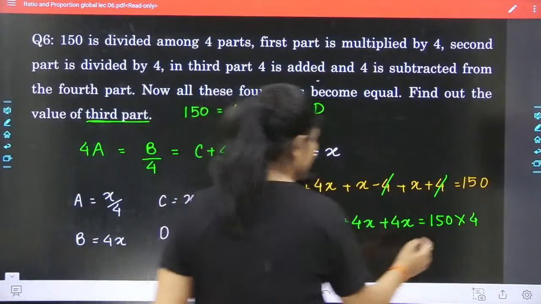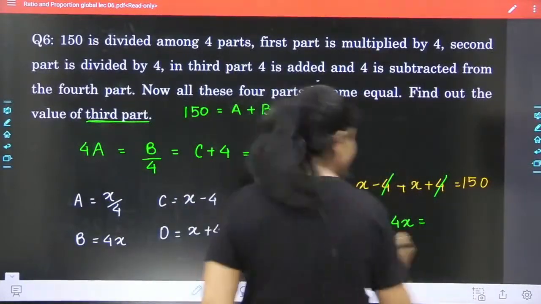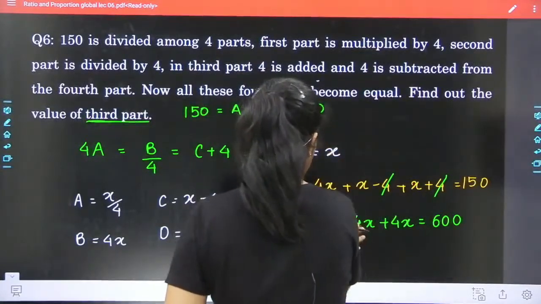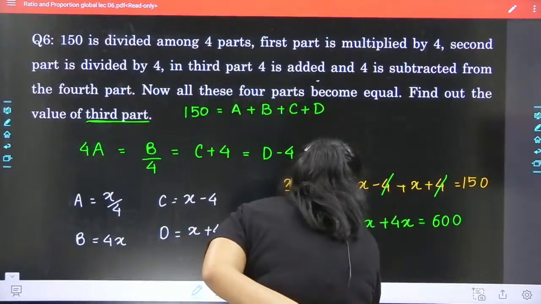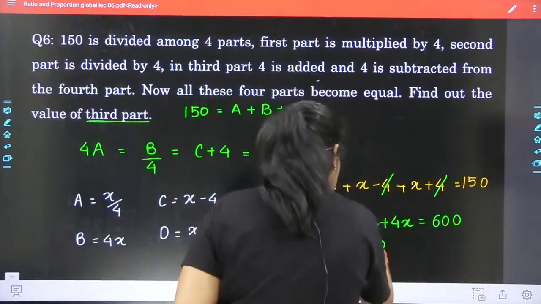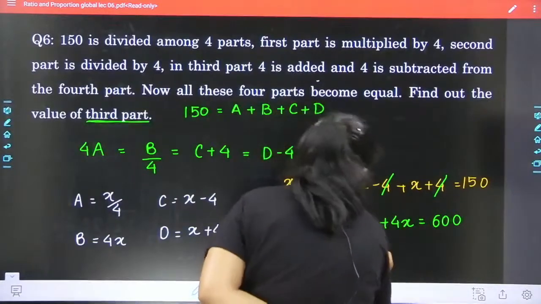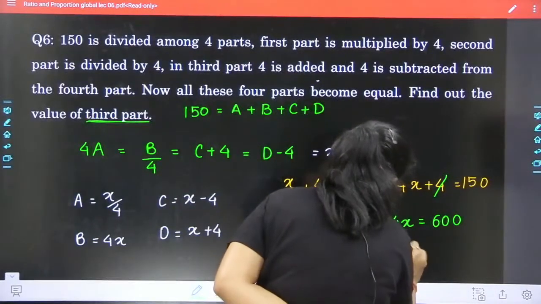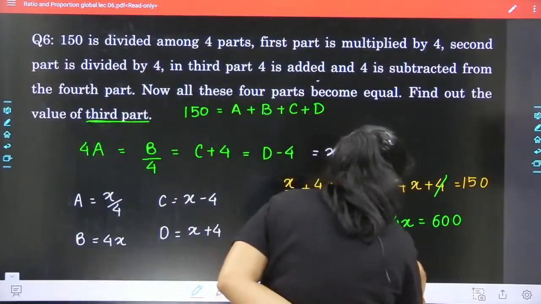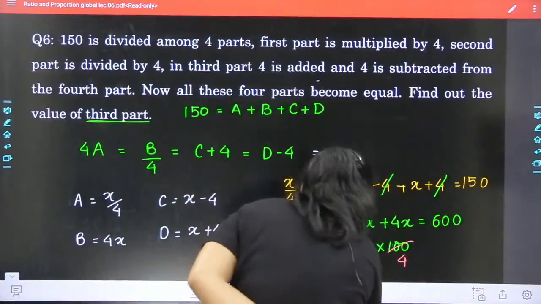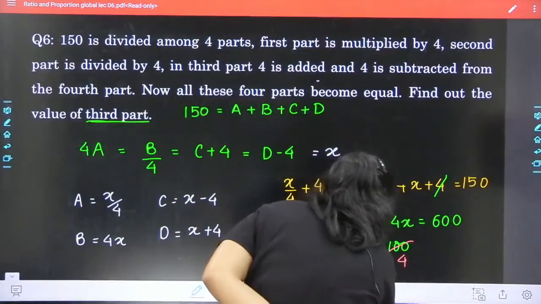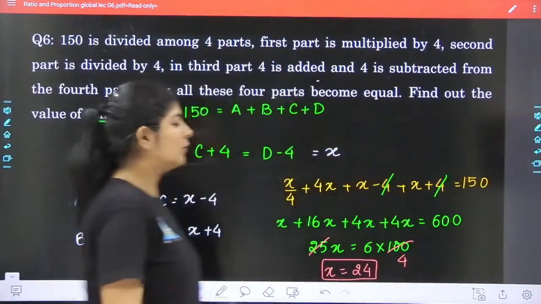So I can directly write 600 over here. 25x is equal to 600, right? Or I can also write it as 6 into 100, right? 25 fours are 100. So I can say that the value of x over here is equal to 24.